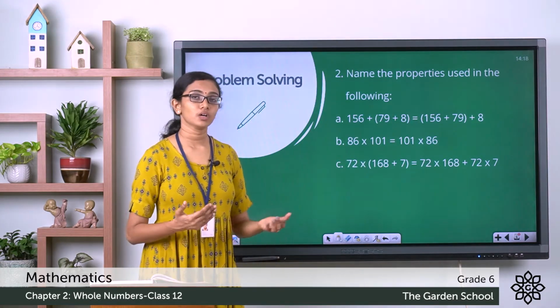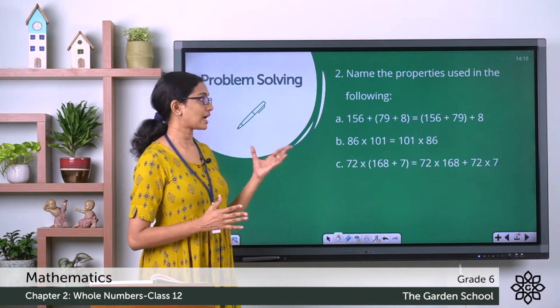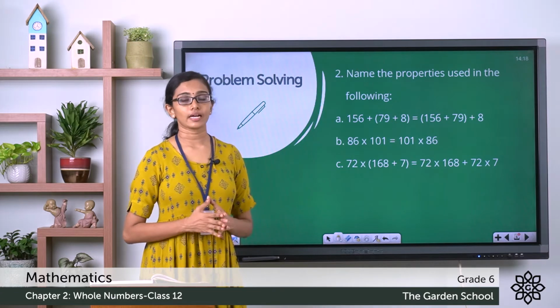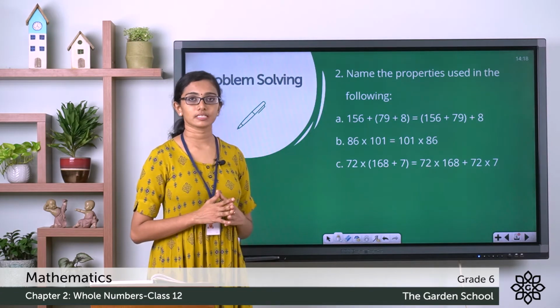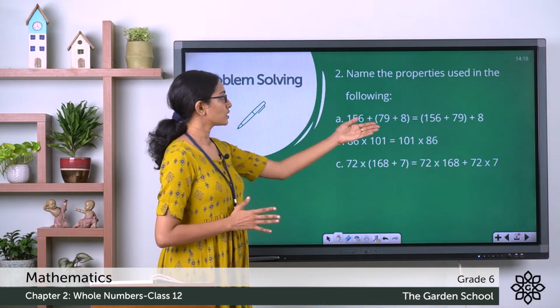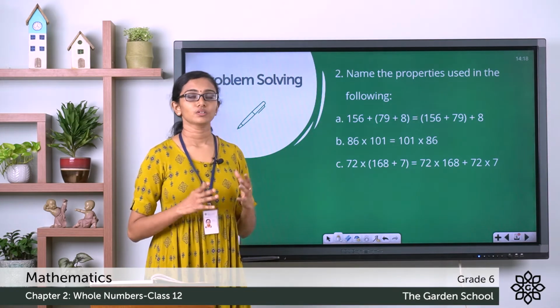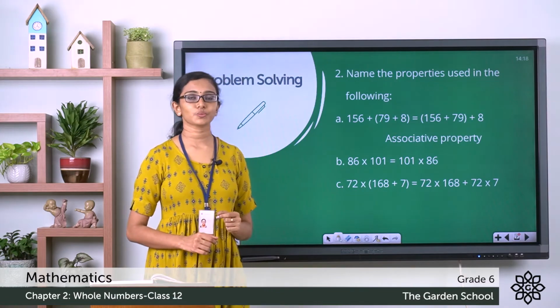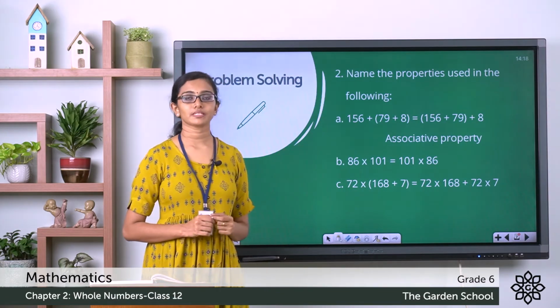And we have learned, according to the associative property of addition, it doesn't matter in which order you are grouping the addends. The sum remains the same. So which is the property used here? The property used in the first one is associative property.